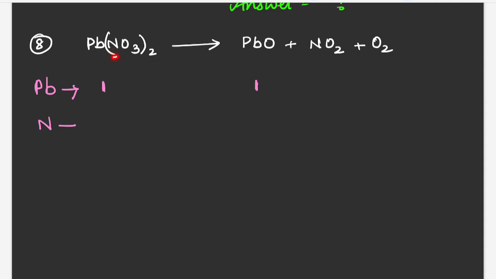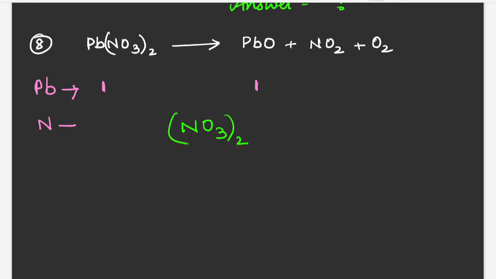Here NO3. One more confusion students will have, I'll explain that first. NO3 2 times. Meaning this number is for both the atoms, and this 3 is only for oxygen. So when you count how many nitrogen atoms are there, you have to check with this number.